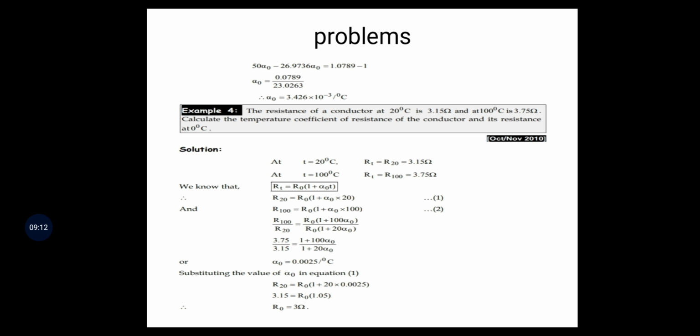From that, alpha naught equal to 0.0789 divided by 23.0263. Alpha naught equal to 3.426 into 10 power minus 3 per degree centigrade.